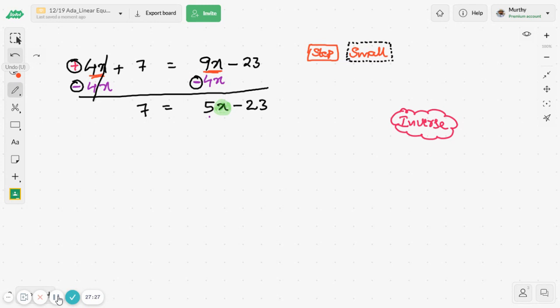The one that's not associated with the variable. That's right. Awesome. Go ahead and complete this. Positive 23. Strike this. So 7 equals 5x.